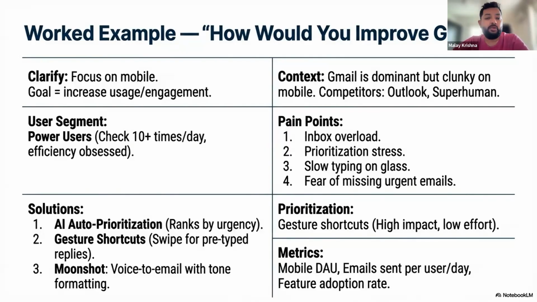DAU is daily active users, average email sent per user per day, and feature adoption rate for shortcuts. So based on whatever solutionizing I have done on the left, I have correlated it with metrics on the right as well, right?